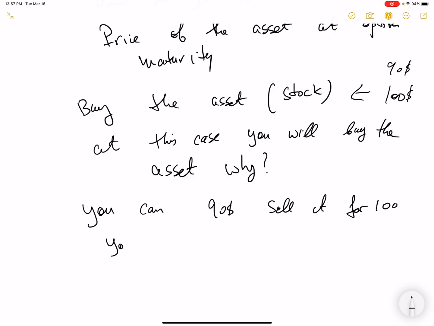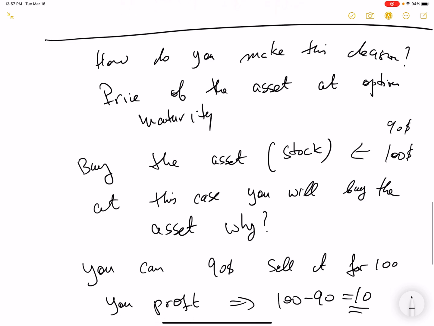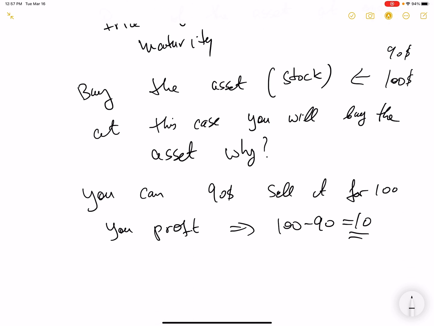So your profit will be 100 minus 90, which is 10. Okay, so unless you're not a rational person, your decision will be automatically to make a profit of $10. So this is the first scenario, scenario one.